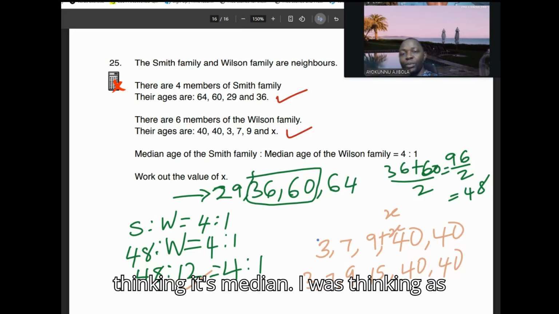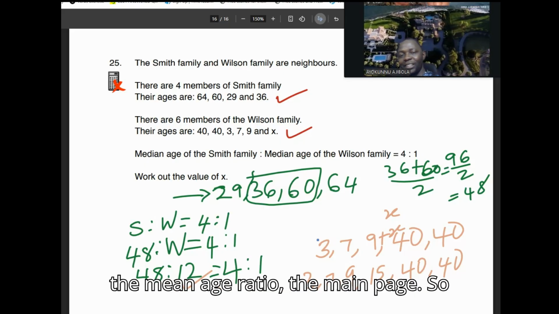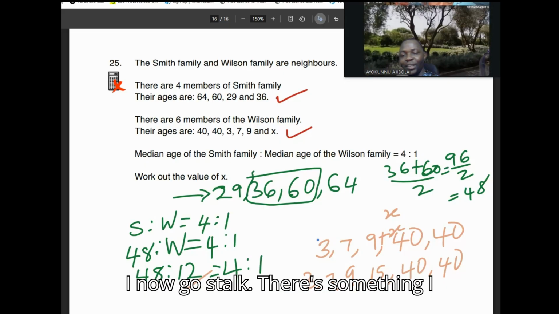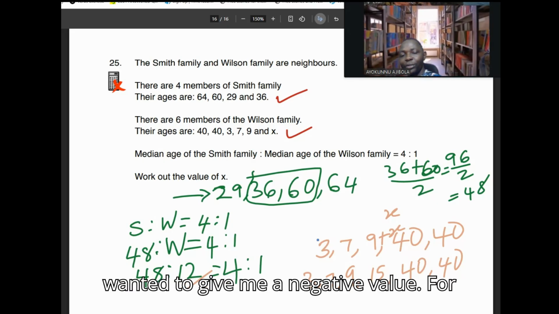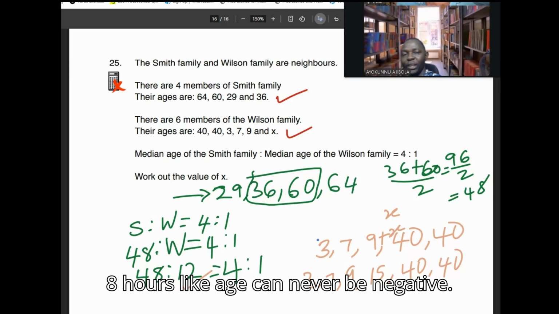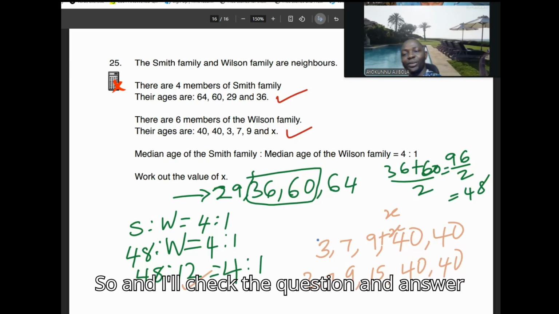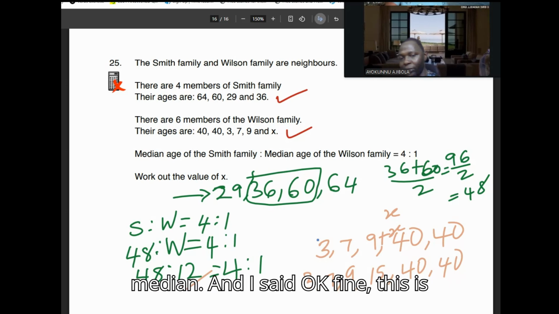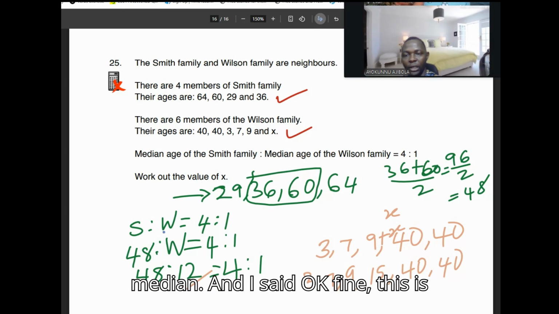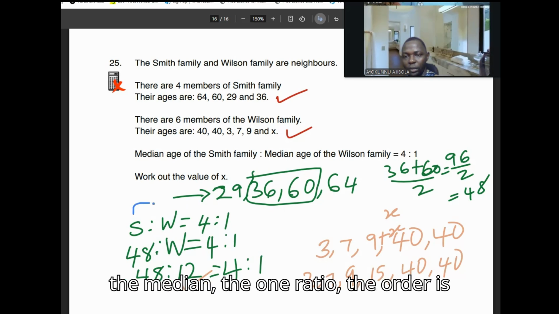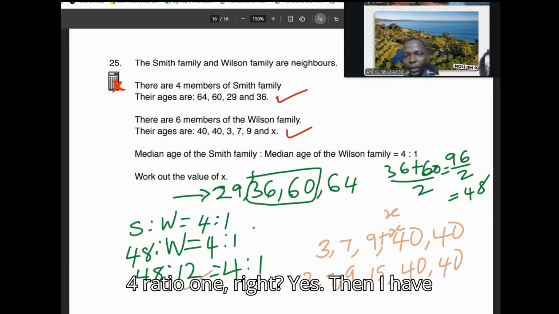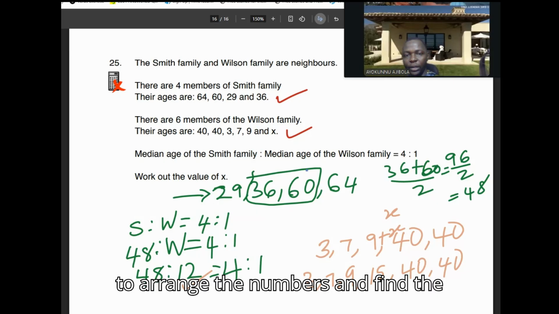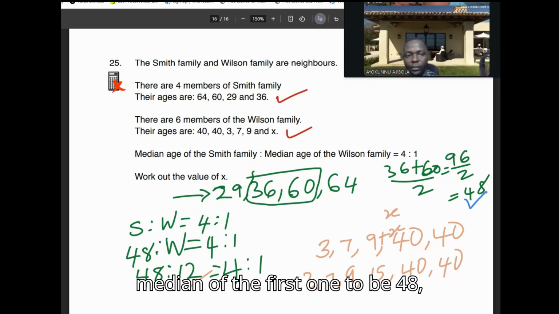I was thinking it's the mean age, so I got stuck. It wanted to give me a negative value for X, and age can never be negative. So I checked the question and saw median. Since it's the median, the one ratio to the other is 4:1, right? Then I have to arrange the numbers and find the median of the first one to be 48.